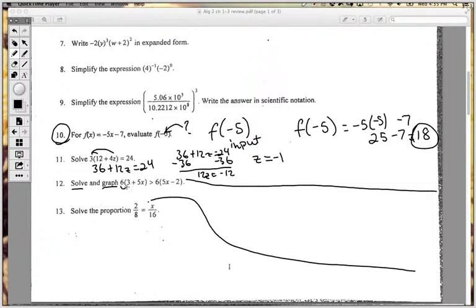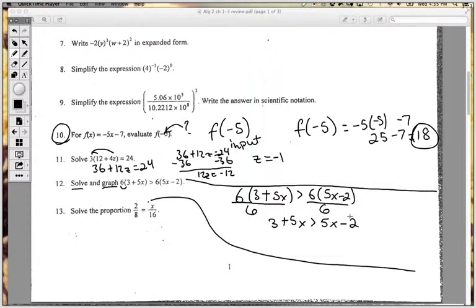Let's go ahead and start by distributing each side. Or actually, wait a second. I see something even easier. 6 times 3 plus 5x greater than 6 times 5x minus 2. In this case, if I were to divide both of these sides by 6, I would have 3 plus 5x is greater than 5x minus 2.